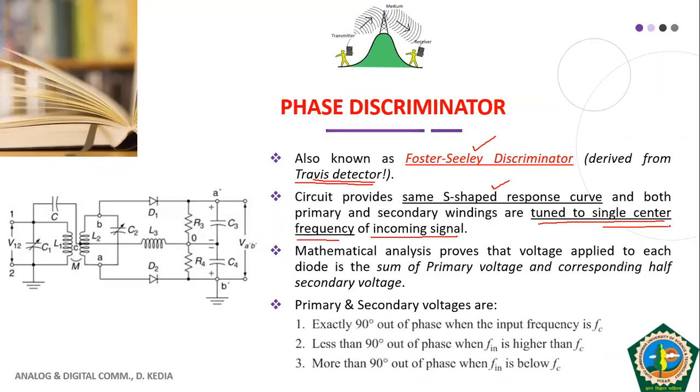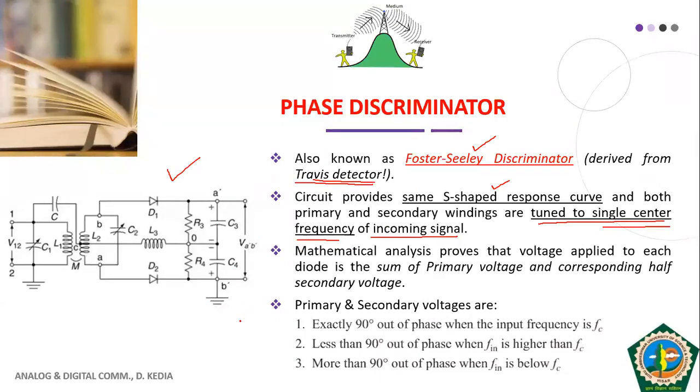If you look carefully at this phase discriminator circuit, many things have been taken in a similar fashion as in the Travis detector, but there are certain portions which are totally different. You can see the circuit of this phase discriminator, or Foster-Seeley discriminator, on the left hand side.